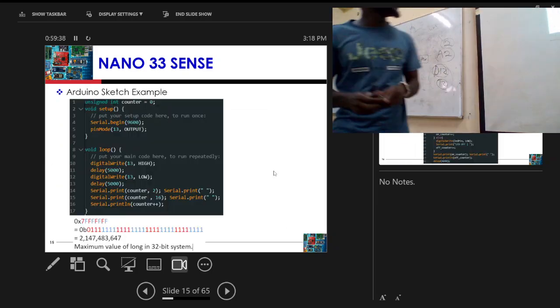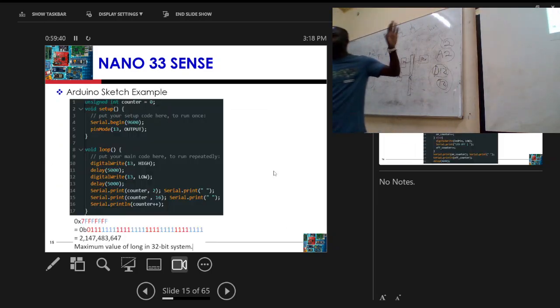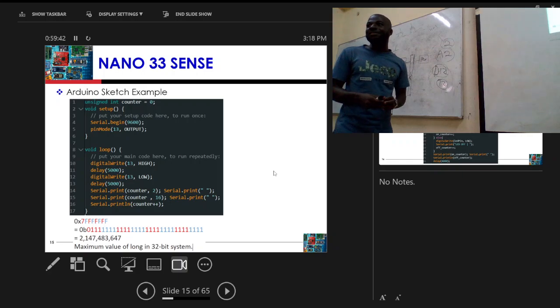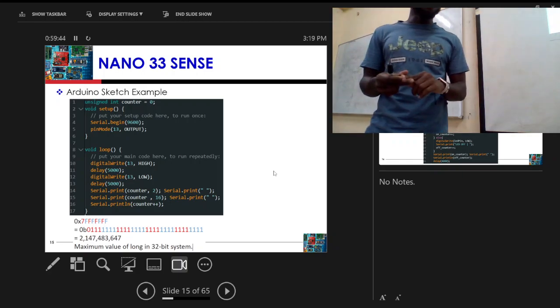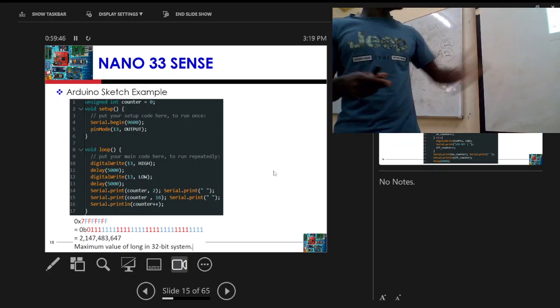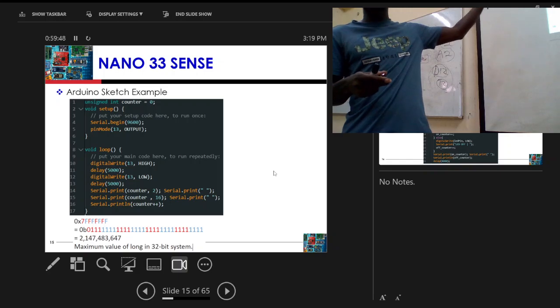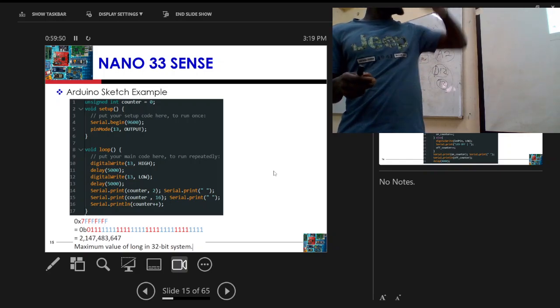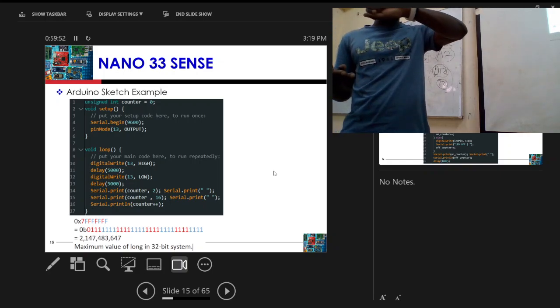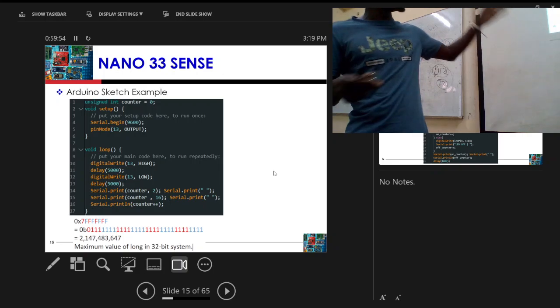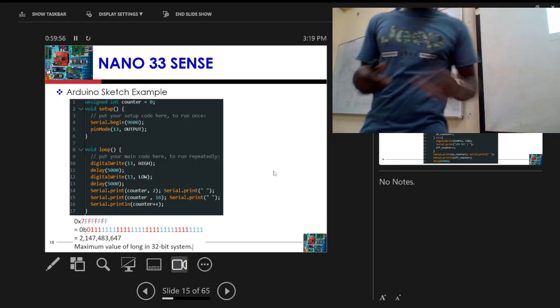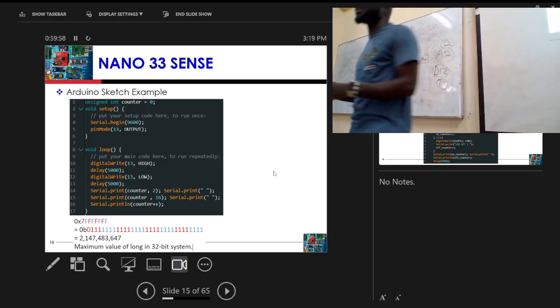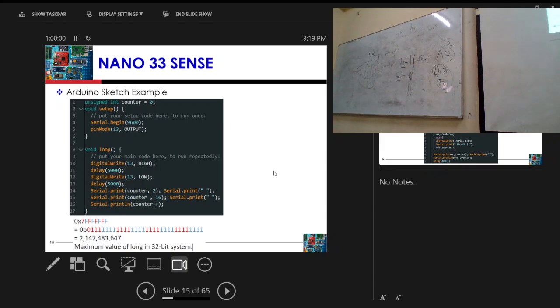So now the next is this very, very simple code. For those of you who have not run it before, this will probably be your first code, right? Let me give you 1 minute to go through the code and see what it does. I'll be calling somebody to come and explain to me what it does.